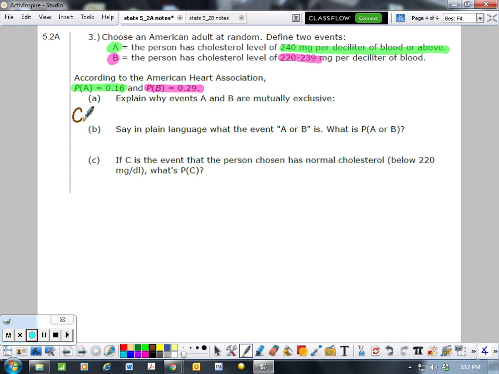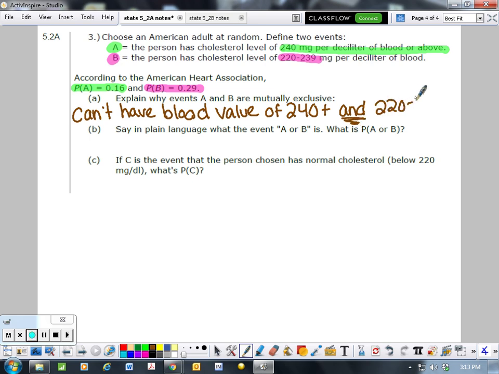Well, because you can't have a blood value of 240 plus and 220 to 239.